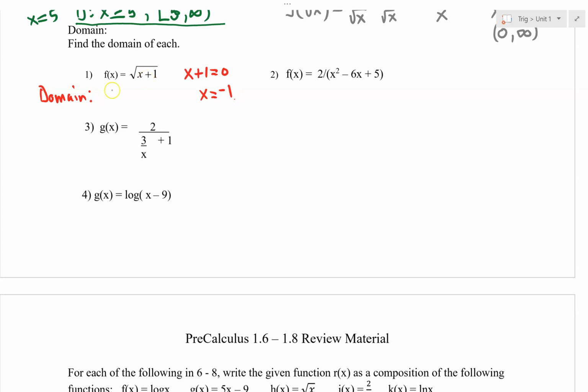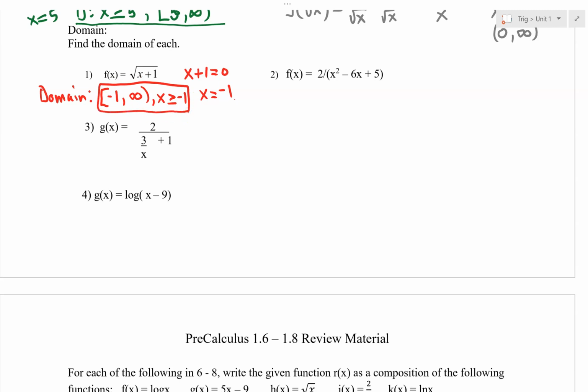So, that tells me that I can start with negative 1. In interval notation, I'm going to include negative 1, so negative 1, and it can go as high as infinity. The other way we would write this, but keep in mind we do use interval notation for the most part, would also be saying x is greater than or equal to negative 1. So either of those answers would work.